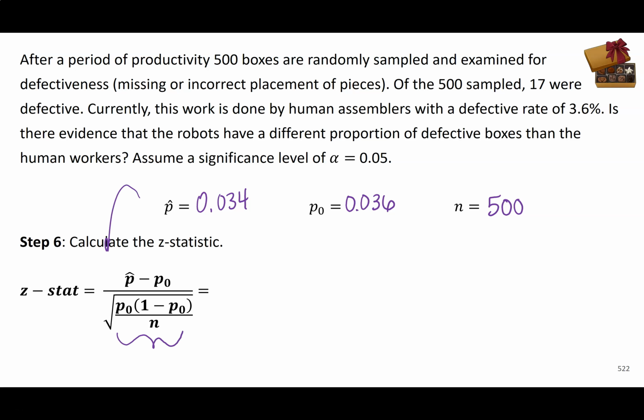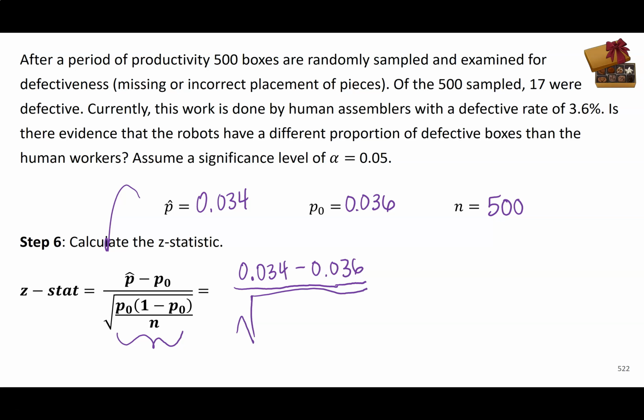Remember, on the bottom, it needs to be the claimed value under the square root. So the top, what I saw, 0.034, minus what's claimed, 0.036. So right off the bat, I know that my z-statistic is going to be negative because what I saw in my sample was lower than what's claimed.